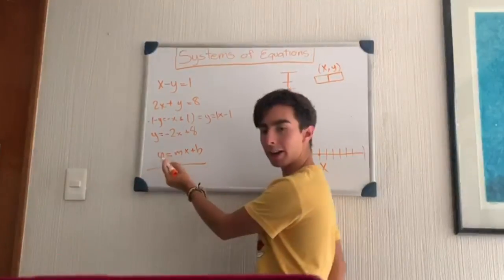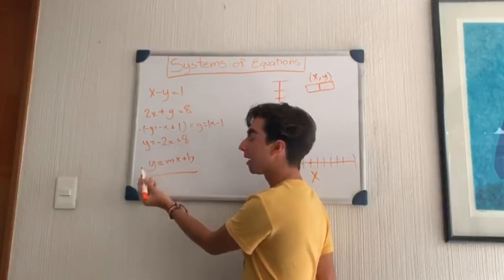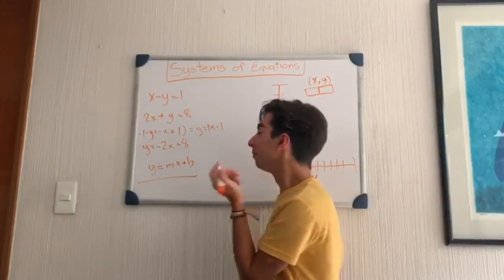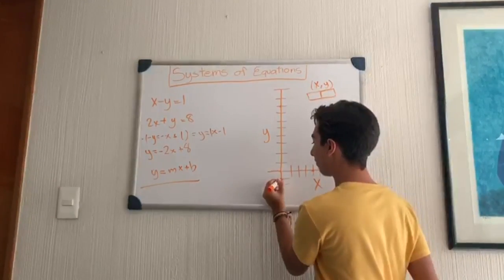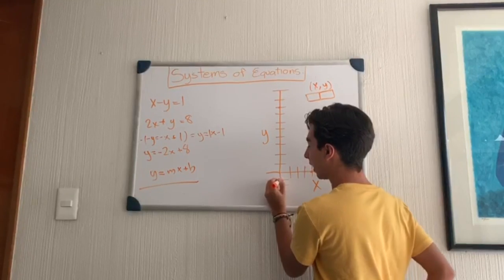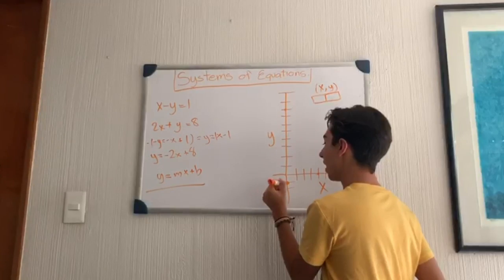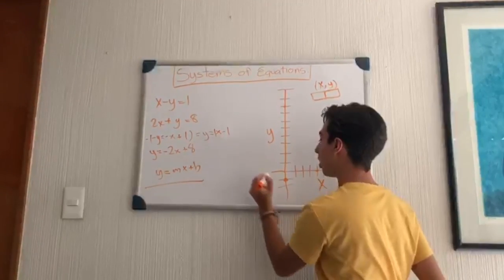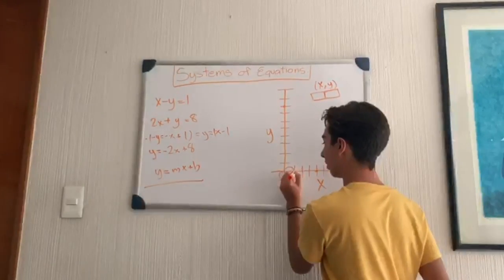Remember that y equals mx plus b. b is the y-intercept and m is the slope. So we're going to graph this one. The y-intercept is here, and since the slope is 1, we go 1 and 1, so it'll be here.